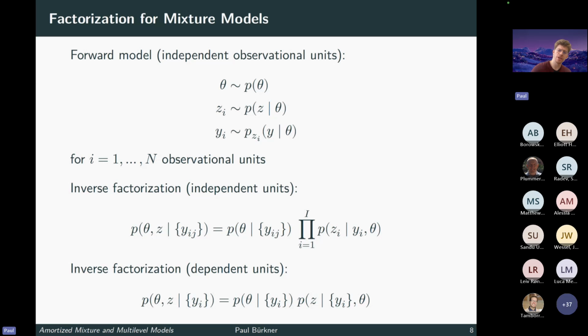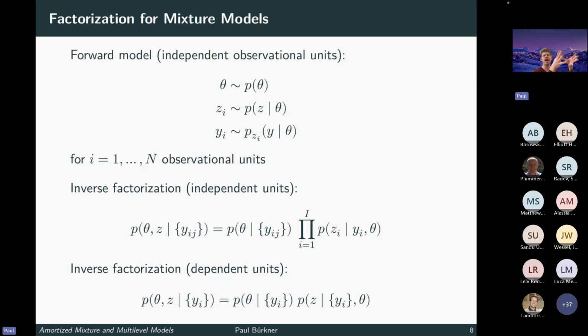And now in the case of independent units, this can be factorized in different ways. At the start, I was introducing you to one factorization, but we can also use another. For example, we can say we are first going to learn our posterior distribution of the hyperparameters theta, given all the data yij, where i indexes the basic observational units and j indexes the observations within the observational unit.